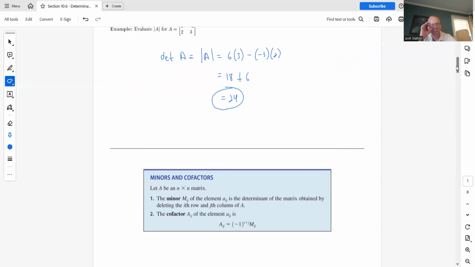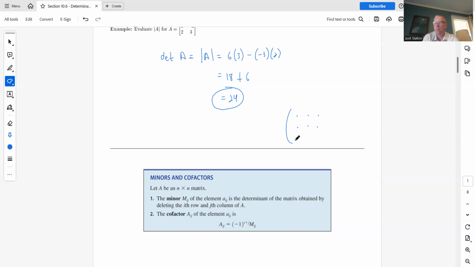Now, once we get to larger matrices, we need to talk about what are called minors and cofactors. A minor is the determinant of a smaller matrix. If we take any element in the matrix, A sub ij, whatever row and column you want, pick an entry.